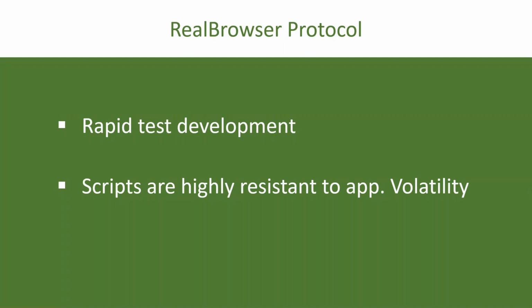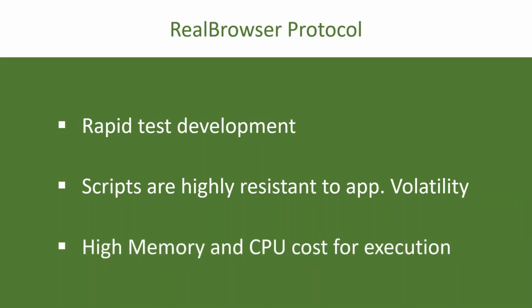Okay, there is a high possibility that HTTP is volatile to business logic changes, but a real browser is not volatile to that. But there is one downside. A real browser has a high memory and CPU cost for execution.